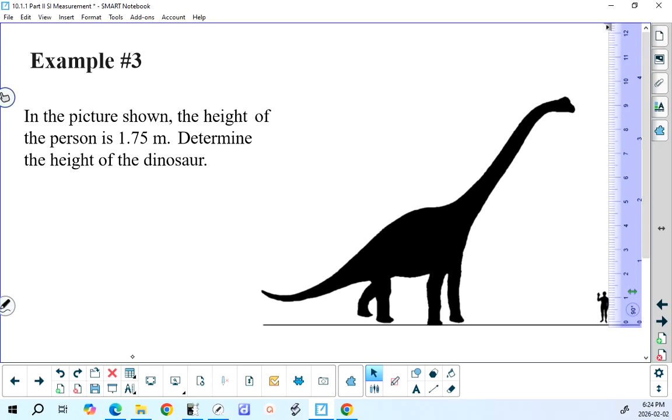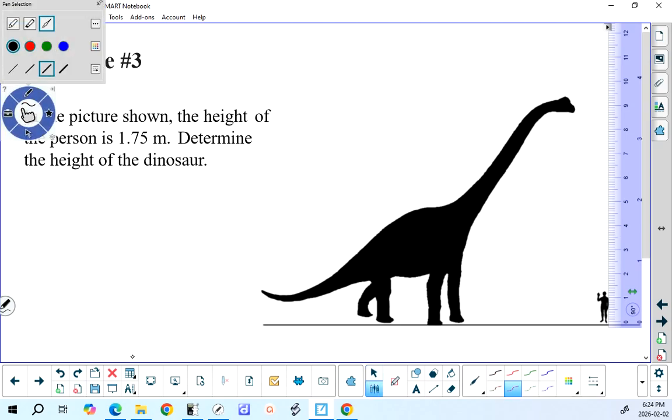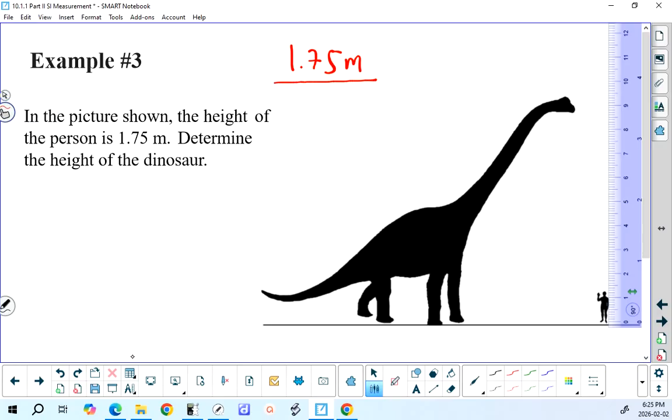But what we're basically going to do is set up a ratio. We're going to say that 1.75 meters in the real world is represented by 1.3 centimeters on paper.